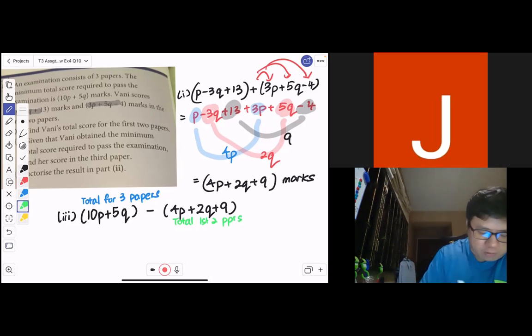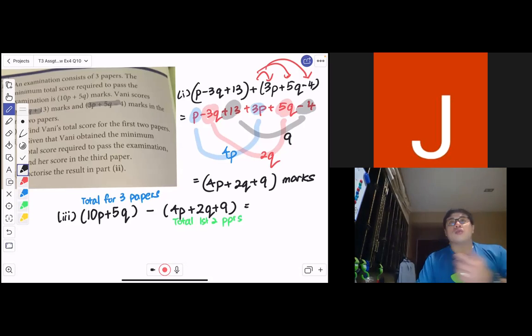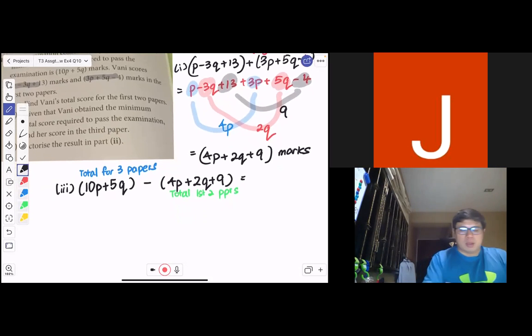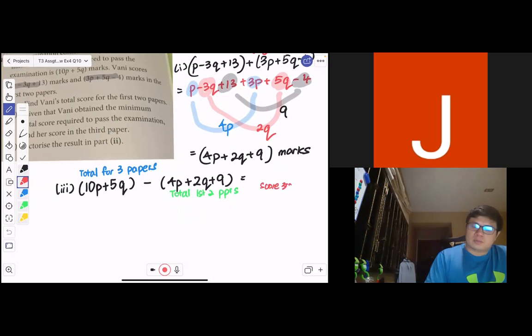You can see that this will very easily get you the answer that you want. This is the score for the 3rd paper. Just work this out.